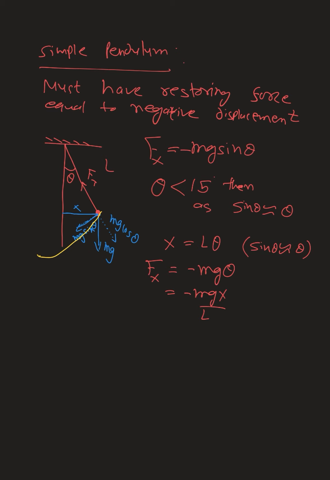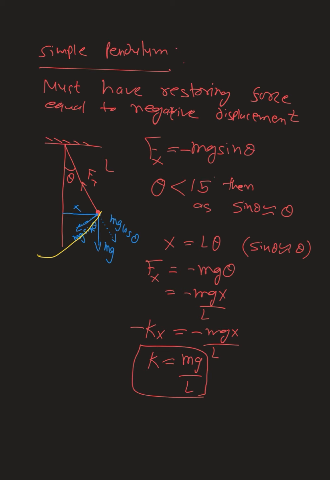Now f of x for any scenario, as we learned in our spring constant, is just negative kx, which equals negative mgx over L. So for the simple pendulum, like in a spring we have spring constant k, the constant k for the simple pendulum is k equals mg over L.